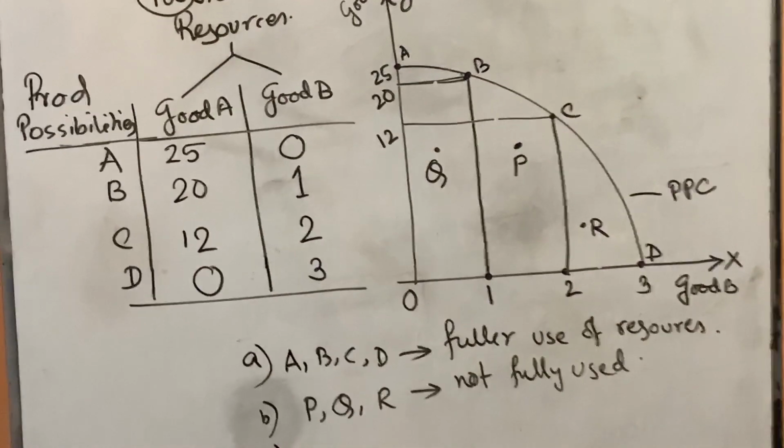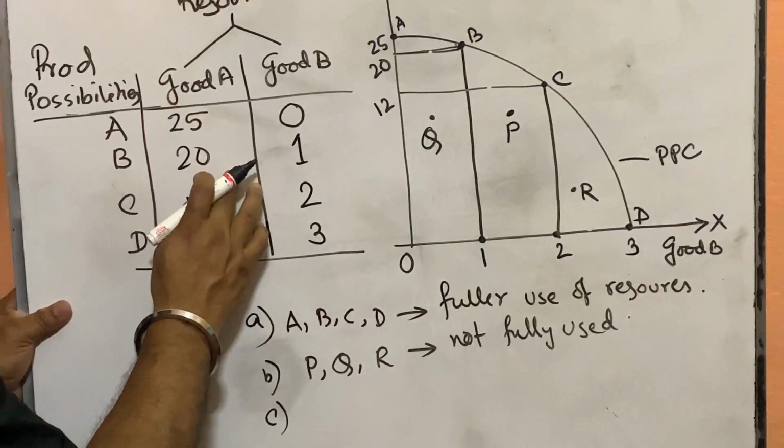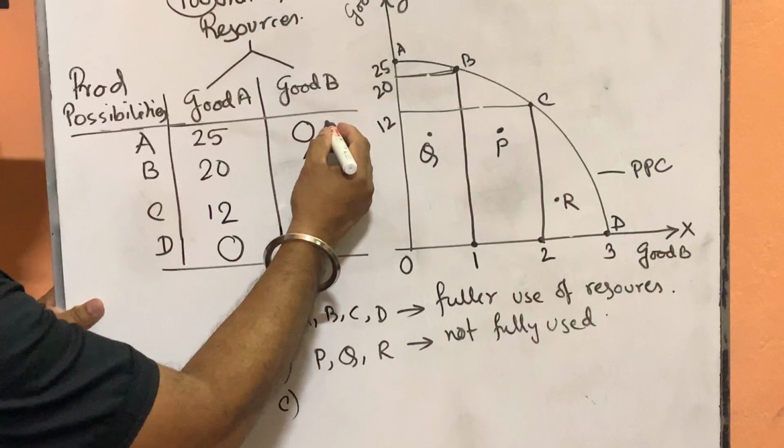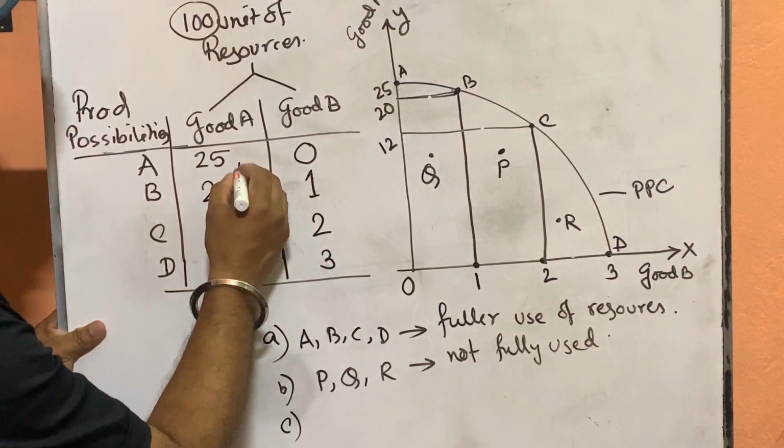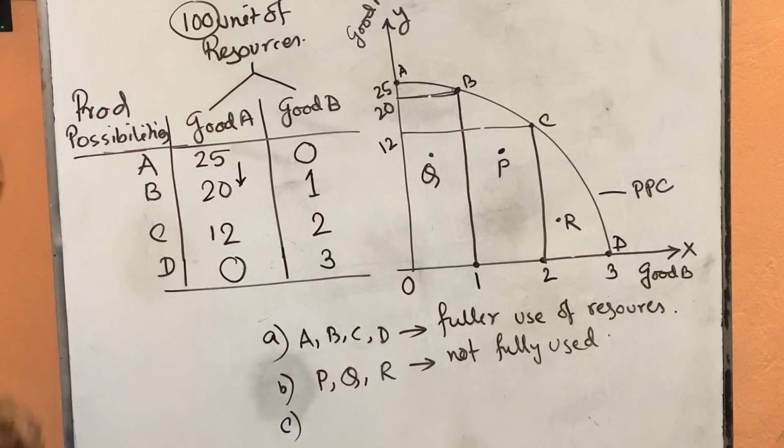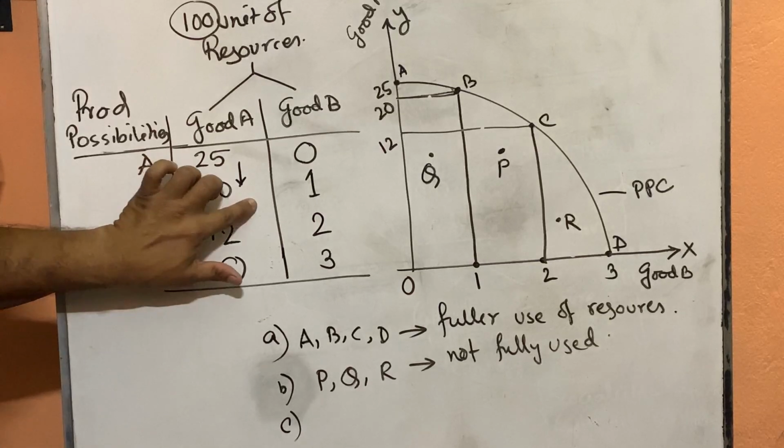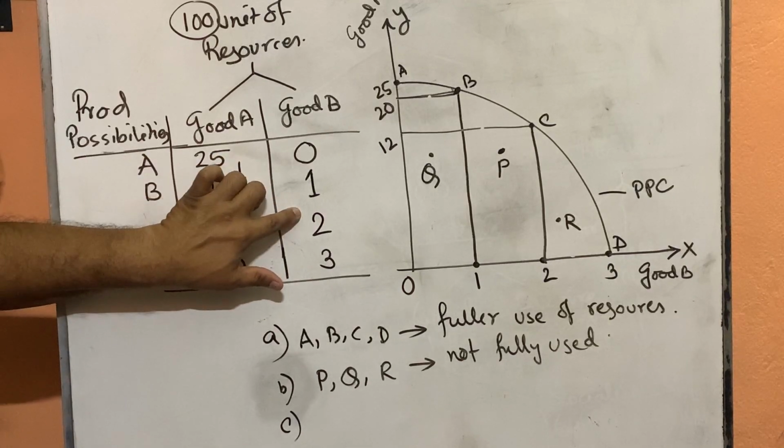Third point, what we see in the chart: if we increase the production of one good, we have to reduce the production of another good. Means simultaneously we cannot increase both goods.